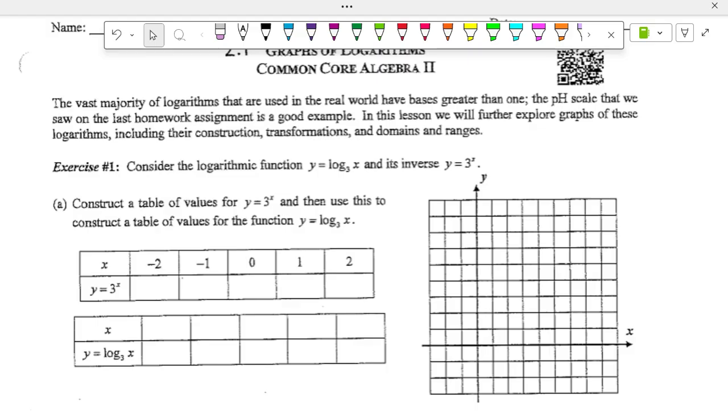Do you guys remember that line that it can't cross? What's it called? The horizontal asymptote. So that number comes from the line that it can't cross, which is the horizontal asymptote. It's just a horizontal line that your graph doesn't cross. The one that we graphed in the journal was y equals 0. So that's why the range was from 0 to infinity.